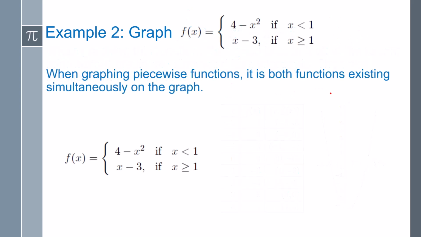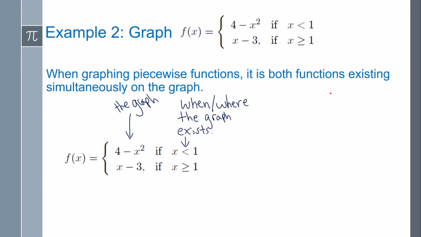Now, let's look at a piecewise function. When we graph a piecewise function, basically it's both graphs existing simultaneously on the graph. The only difference is this domain feature to it. So we have the graph, and then we have this domain feature where we say where the graph exists.